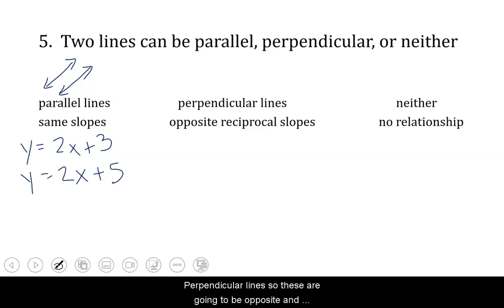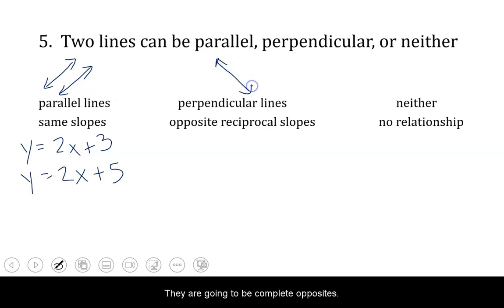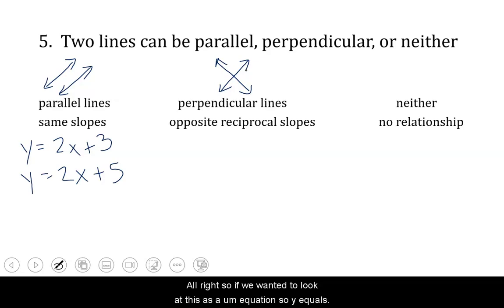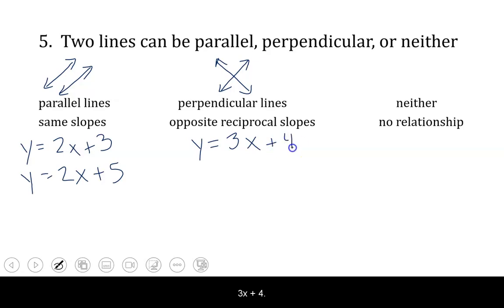Perpendicular lines are going to have opposite and reciprocal slopes. Reciprocal means to flip it. So if we're looking at a graph, they are going to be complete opposites and cross each other. All right, so if we wanted to look at this as an equation, y equals 3x plus 4.